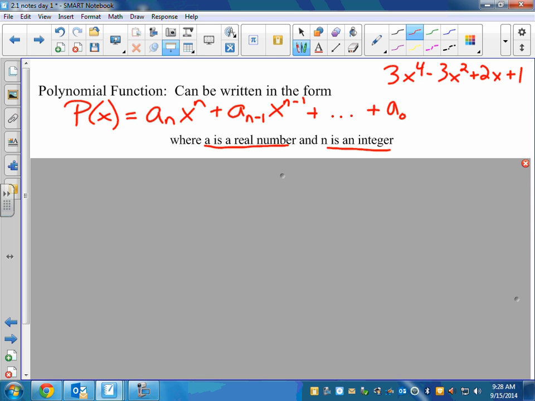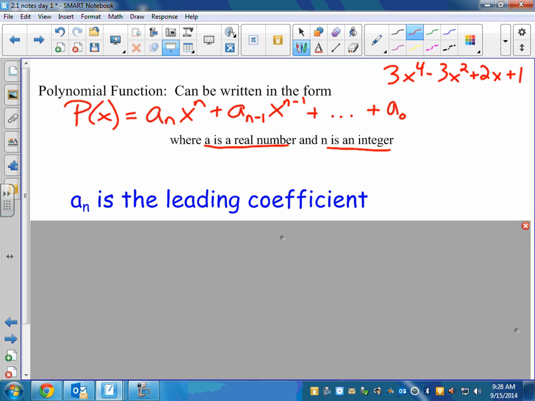An integer does not include fractions, decimals, or square roots, so your powers can only be whole numbers, which includes negative numbers. And the leading coefficient is a sub n, whatever is with the highest degree.